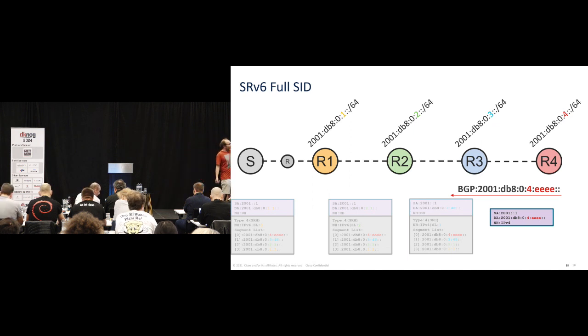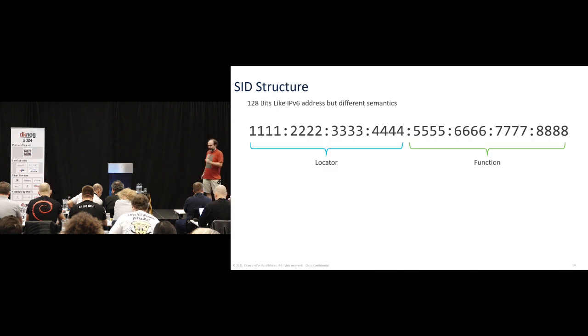In that case, R3 would preserve the SRH. It's configurable. It's just a different behavior of the SID. That's it. This is the original concept of SRH, or segment routing v6, but there are a couple more things.